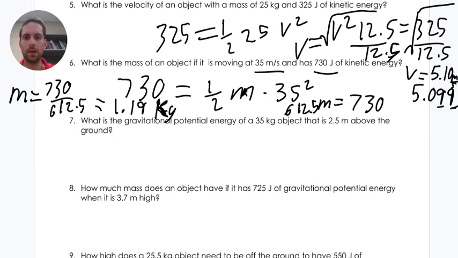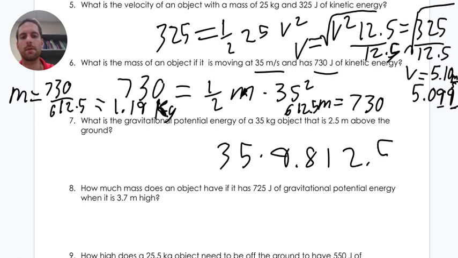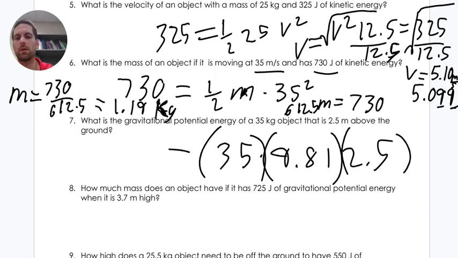All right. Gravitational potential energy of this mass that goes to this height. So 35 times 9.81 times 2.5, because mgh equals potential energy. I'm going right to left for some reason, but running out of room.